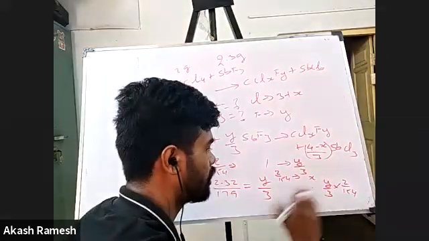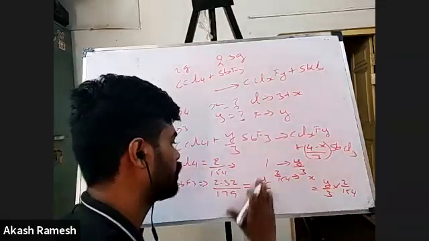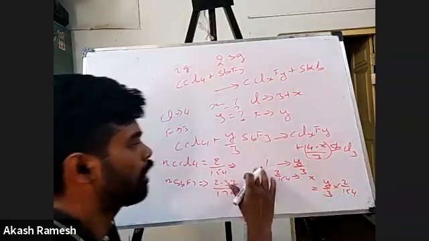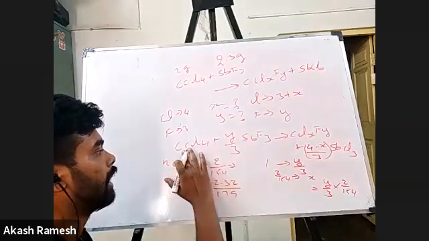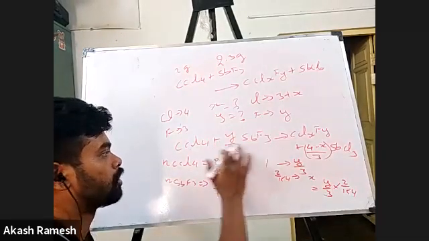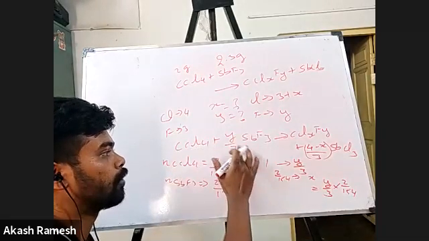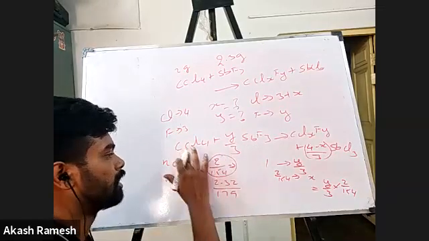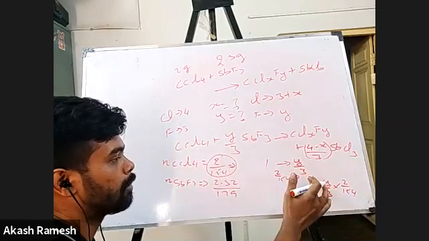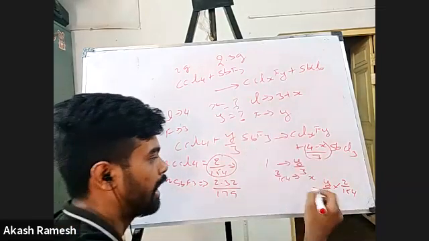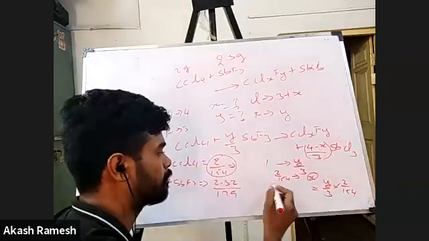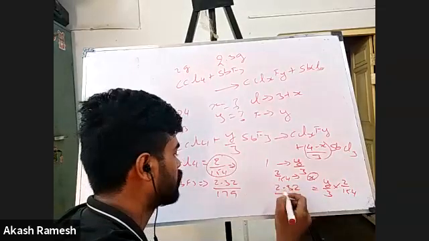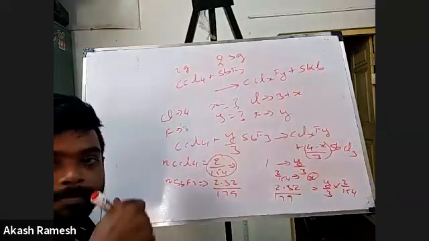Now for 1 mole of CCl4, I require Y by 3 moles of SbF3. So if I have this many moles of CCl4, how many moles will I need? That is X, and this X value is nothing but the number of moles of SbF3, that is 2.32 divided by 179.